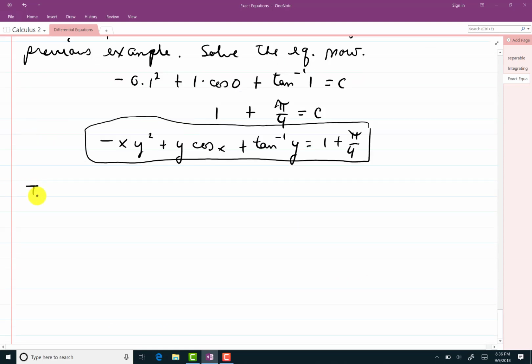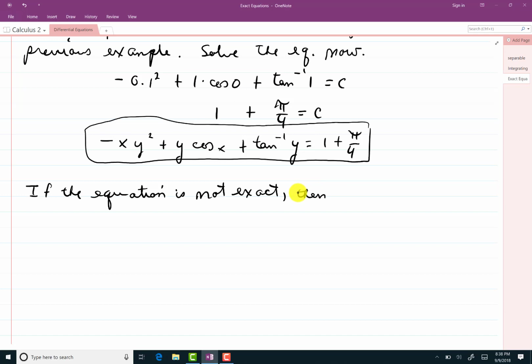If the equation is not exact, say we have m dx plus n dy equals 0, but m sub y does not equal n sub x.